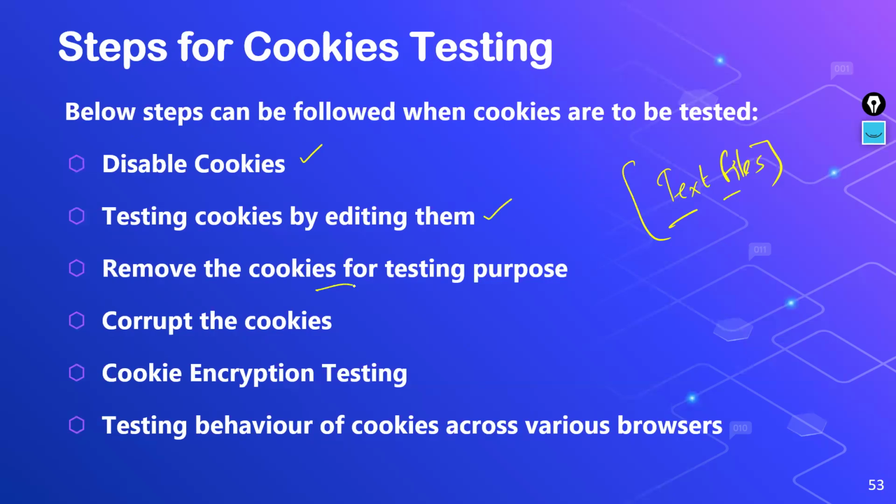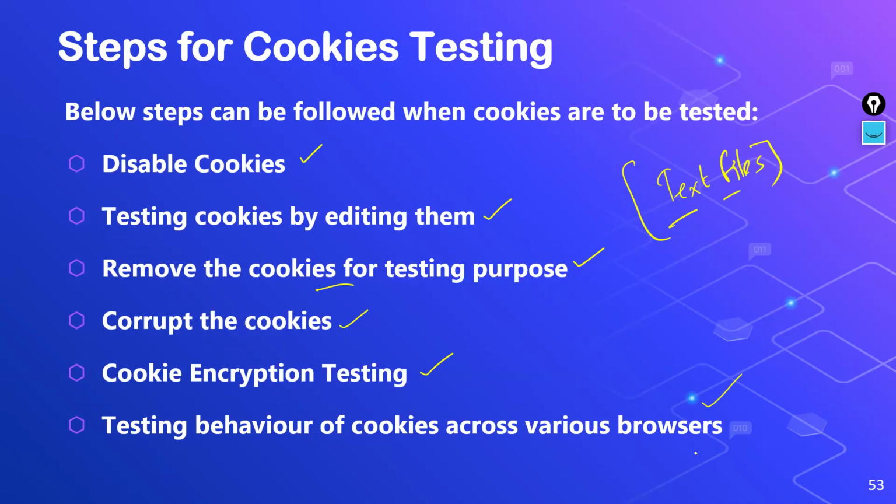You can remove them and then see how your application behaves. You can corrupt them, and then you can see how your application performance is affected. You can encrypt the cookies, do encryption testing, and even check how the cookies will be the same for your application.